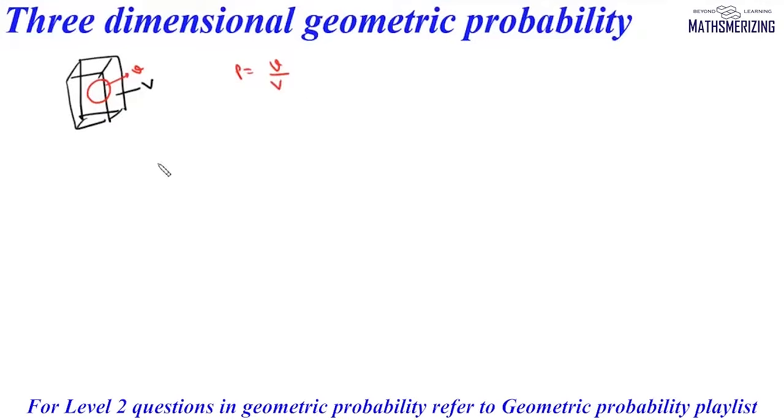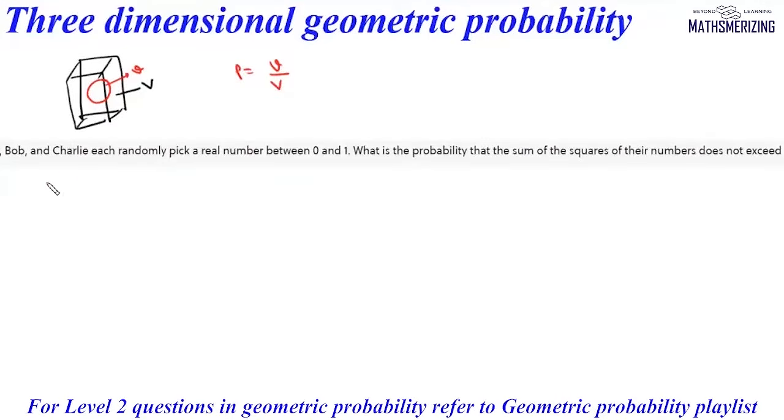Say for example, the question is: Alex, Bob and Charlie each randomly pick a real number between 0 and 1. What is the probability that the sum of the squares of their numbers does not exceed 1? Now each of them can pick a real number between 0 and 1.